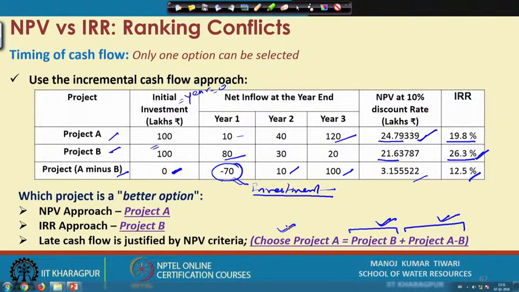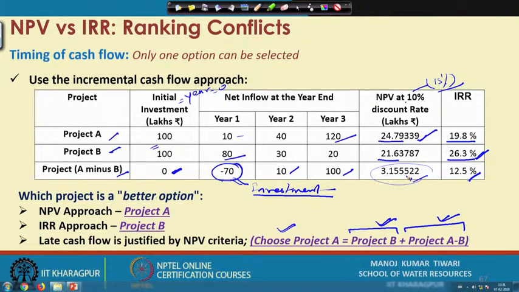Of course, if we change the discount rate, not 10% but let us say 15%, then this might turn negative, because the IRR for this additional investment is 12.5%. Up till 12.5%, if my discount rate is up to this value, my NPV is going to be 0.